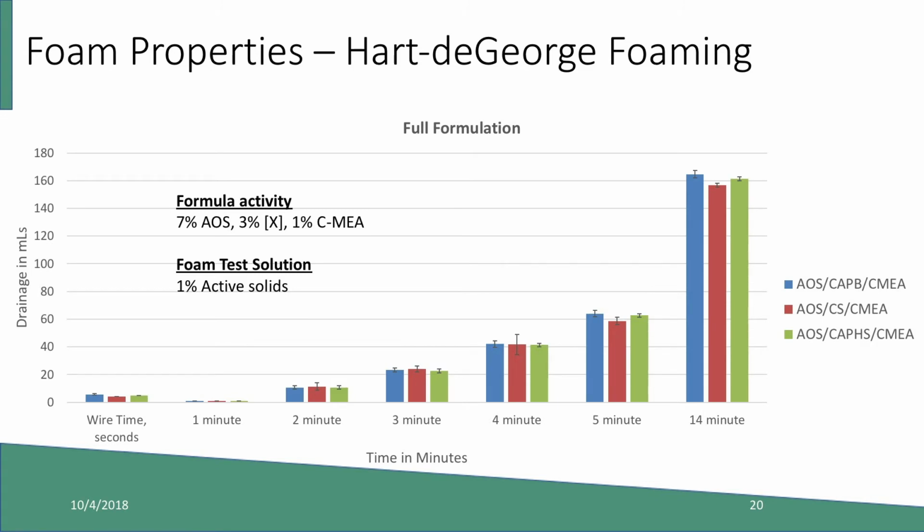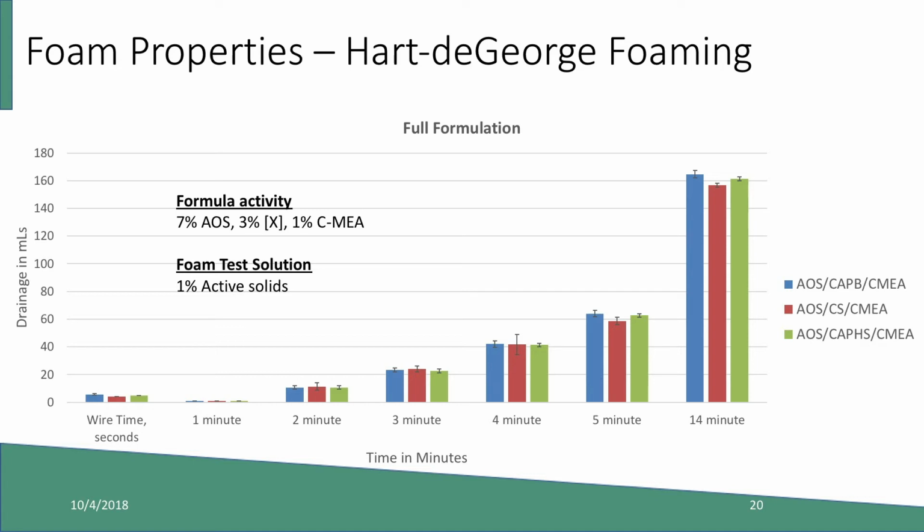So moving on, we saw that interaction with the AOS, and we wanted to look into that a little bit further. So we started with the formula of 7% AOS, 3% of whatever secondary surfactant we were looking for, and then just 1% cocamide MEA. Here you can see on the left, we have the betaine as the secondary surfactant, and the red is the amphoteric sulfonate, and then on the right we have the hydroxysultaine.